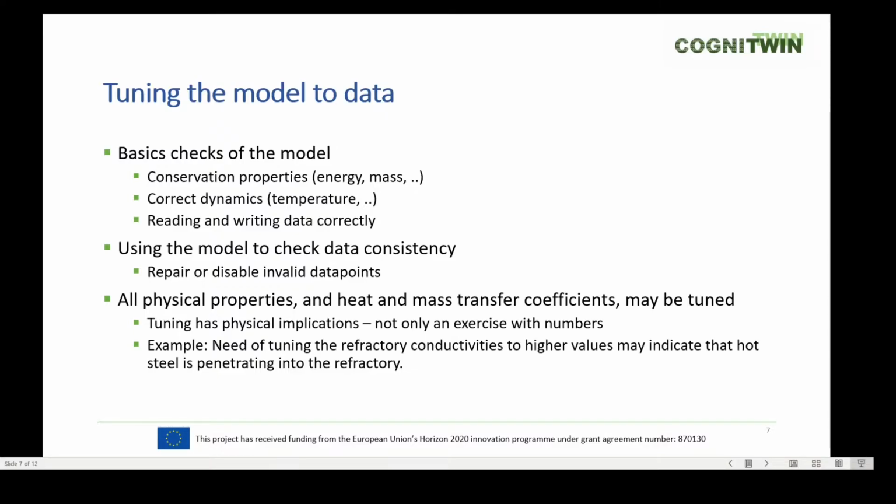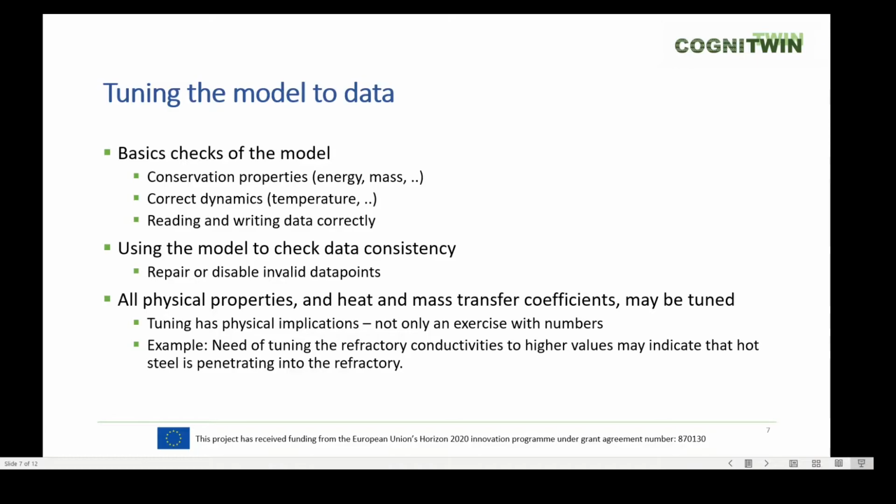So then we can do the tuning. All the physical properties should be tuned or are possible to tune, as well as heat and mass transfer coefficients. And of course, there are also other factors like efficiency factors for the electrode and so on that also should be tuned. So then we also have to see that the tuning has physical implications. This is not only an exercise with numbers.